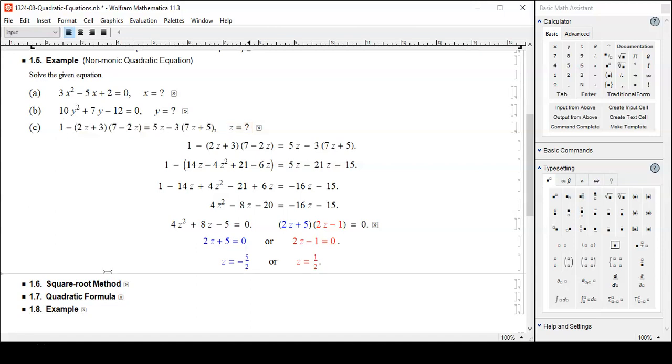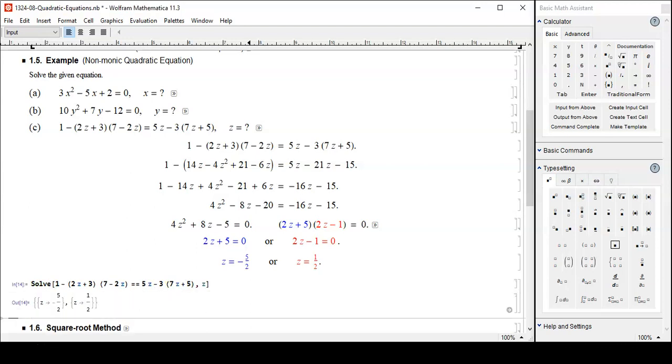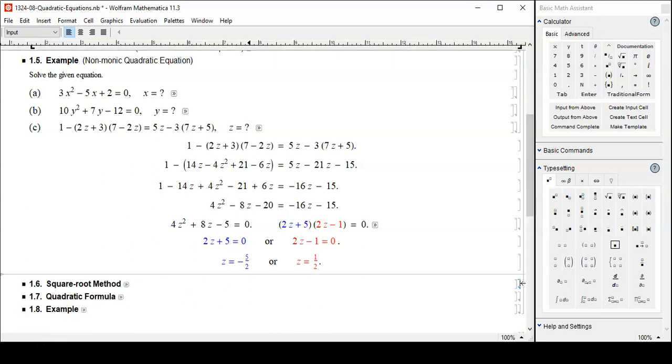And this time let's use a computer algebra system to solve it. Okay, and solve it. I get negative 5 halves, positive 1/2. Everything looks good. Here's a full solution.